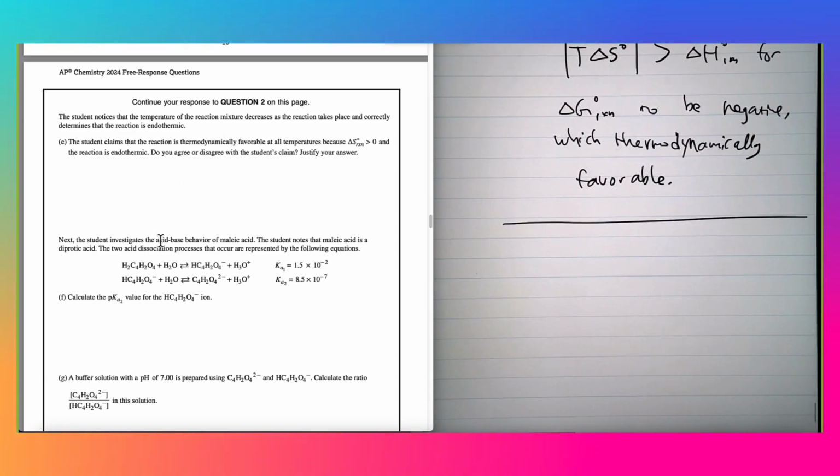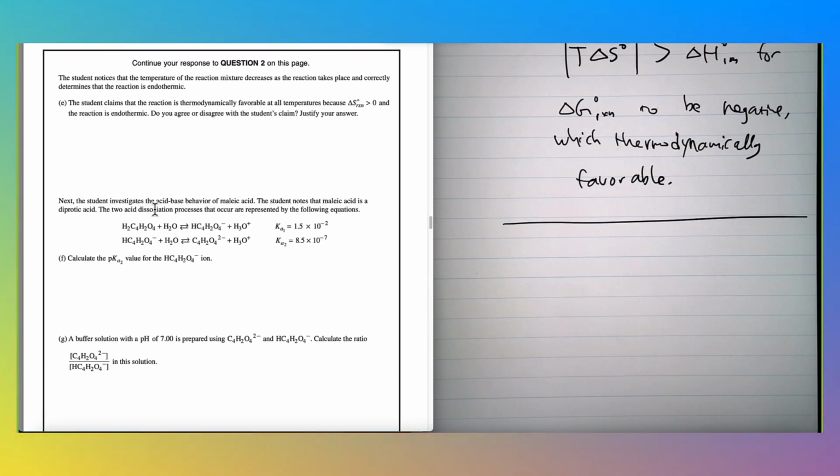The next question. The next student investigates the acid-base behavior of maleic acid. The student notes that maleic acid is a diprotic acid. The two acid dissociation processes that occur are represented by the following equations.